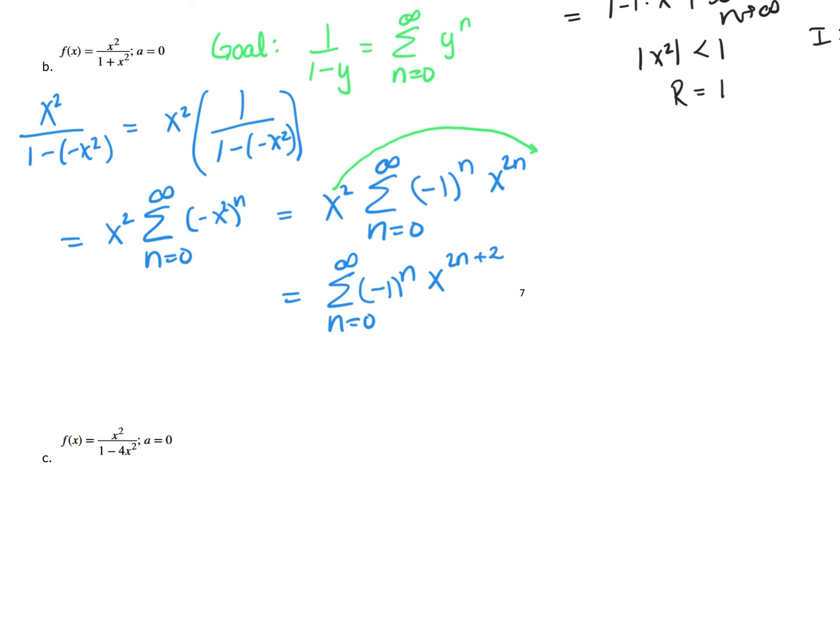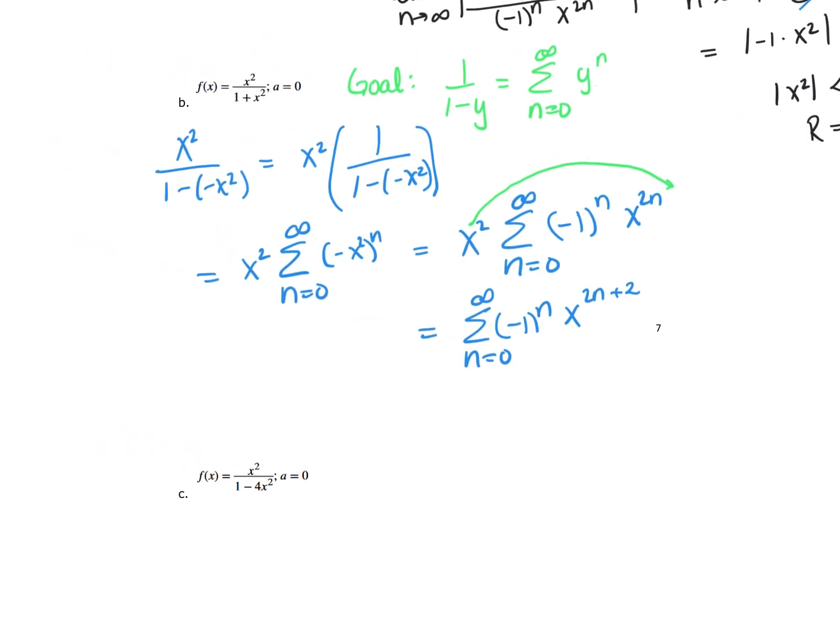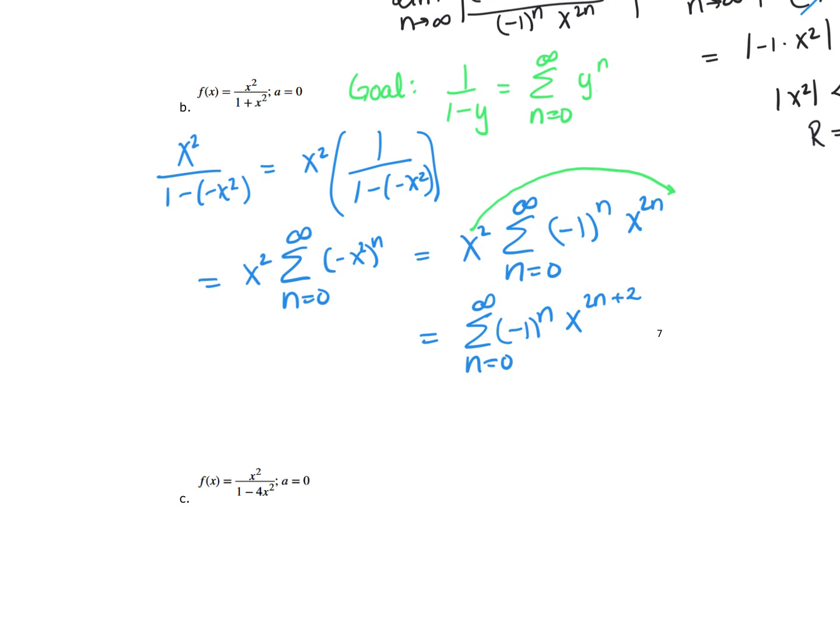And you're probably wondering why I just didn't divide everything by x squared. Why did I do this weird shenanigation of leaving this x squared out front and not divide everything by x squared? Well, let's talk about that now.